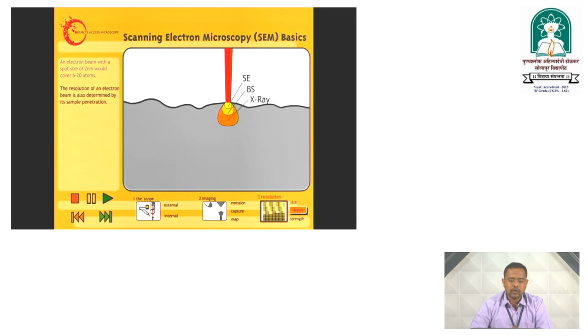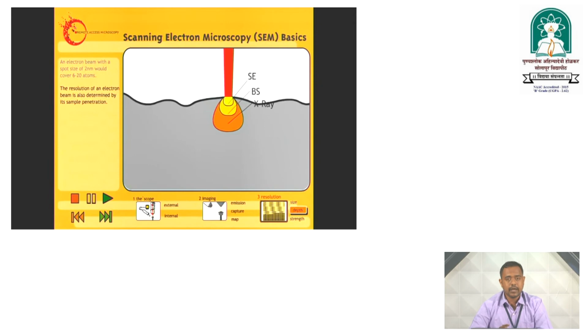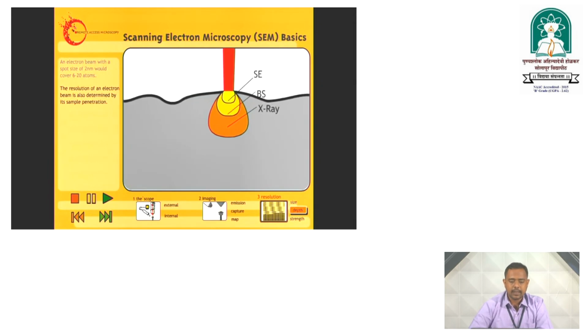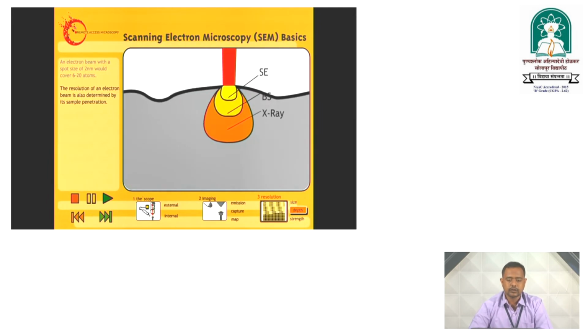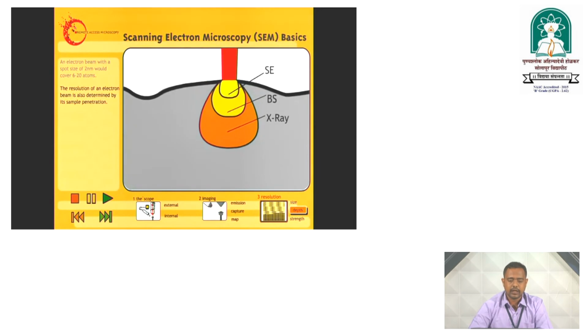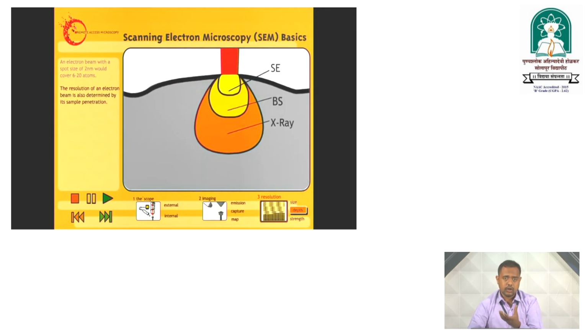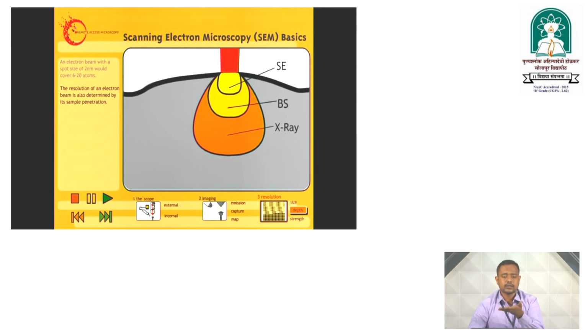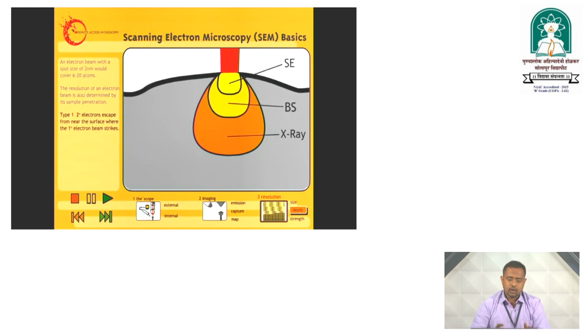Now here, once the electron beams have made the line by line scanning, the sample interactions are occurring. First is the secondary electron, which comes from the upper region of the sample interaction. Thereafter, below that, we are getting the radiations called backscattered electrons.